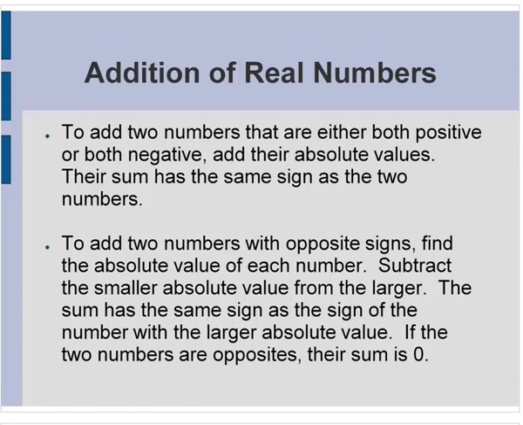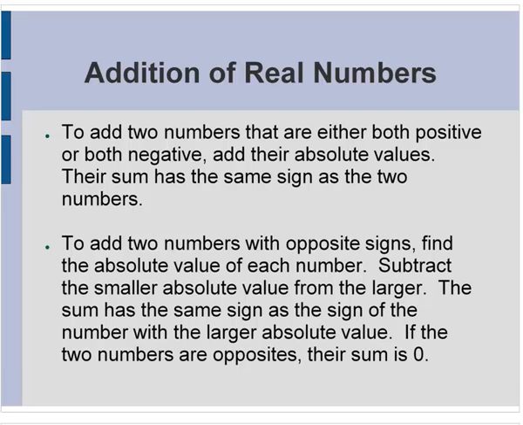Now, how do we generally add numbers? To add numbers that are either both positive or both negative, add their absolute values. Their sum has the same sign as the two numbers. So if you're adding numbers with the same sign, you keep this common sign and you add the values.